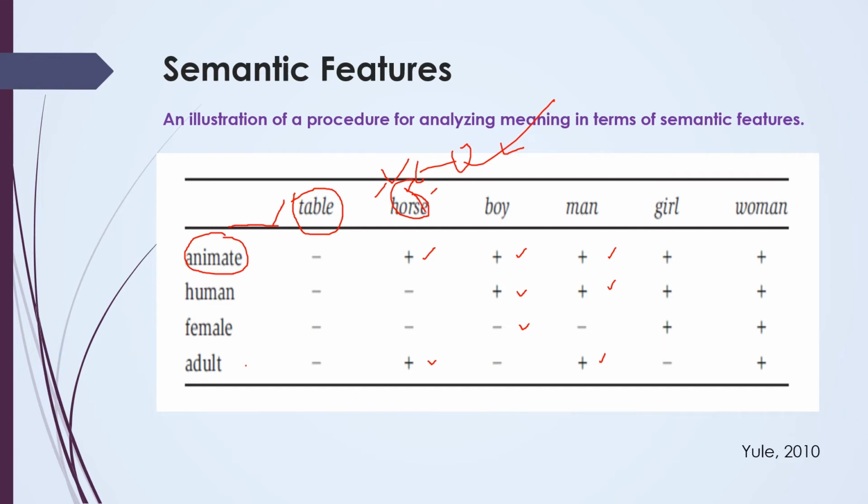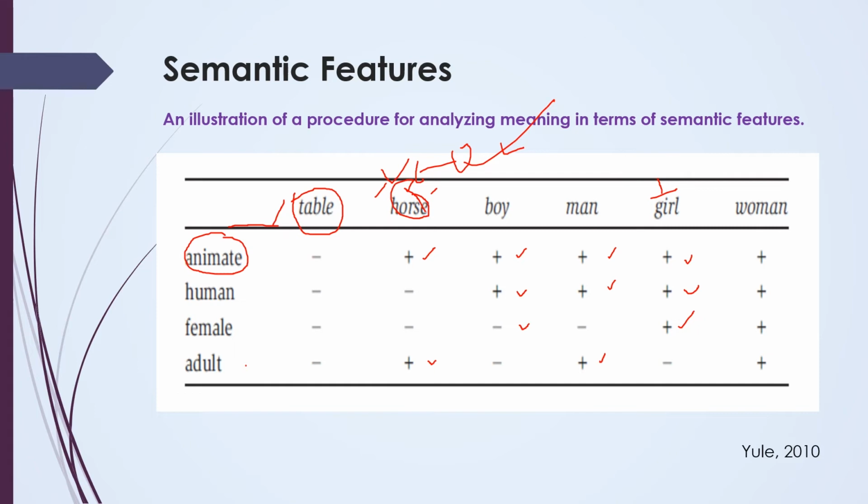And then girl, yes, it has the animate feature, it has a human feature, it is female, of course, so it has the female feature, but we cannot refer to it as adult, because by referring to girl we cannot say any adult related sentence with this particular word girl.